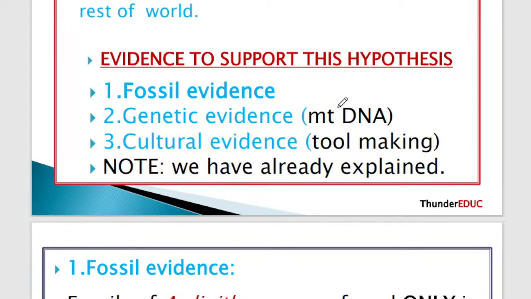So you have to look at fossil evidence, mitochondrial, the genetic evidence, and then you have to talk about the cultural evidence. If they ask you for examples, that is when you talk about the mitochondrial DNA and the tools. Y chromosomes are no longer being used, so please don't include them there.